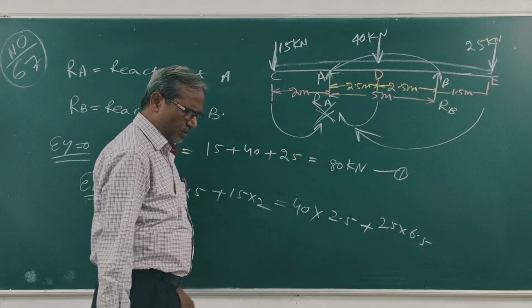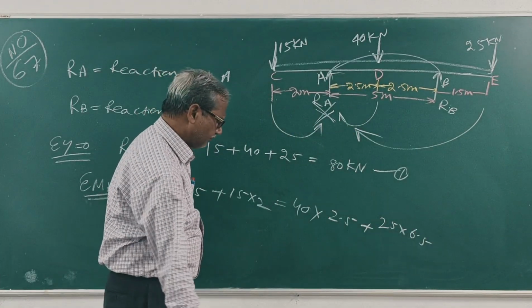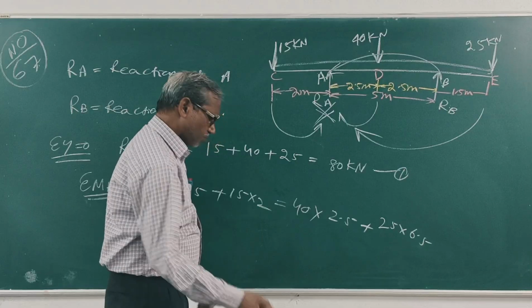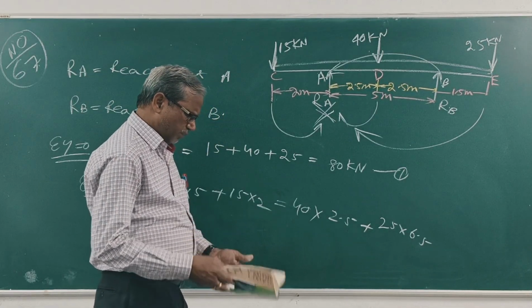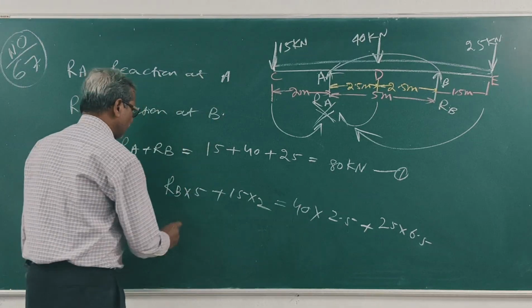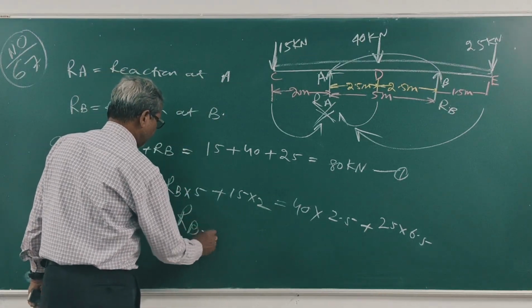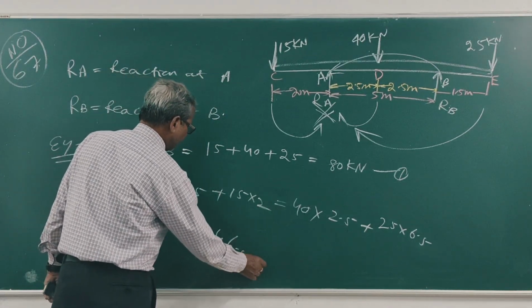Clear? Now from this equation, we find RB is equal to 46.5 kilonewton.